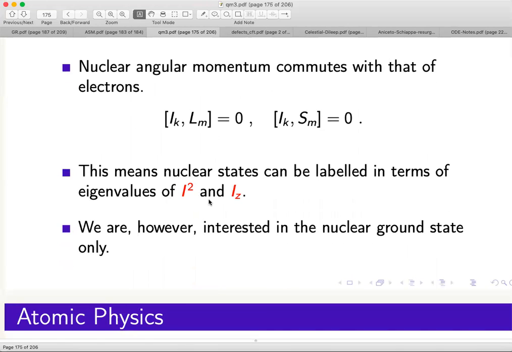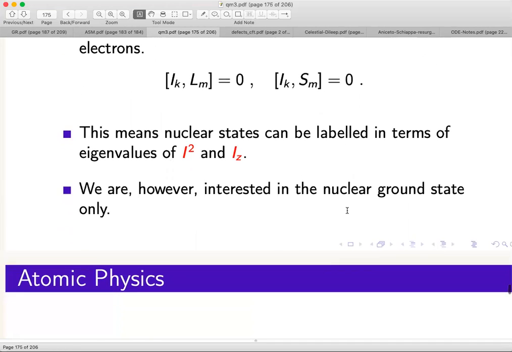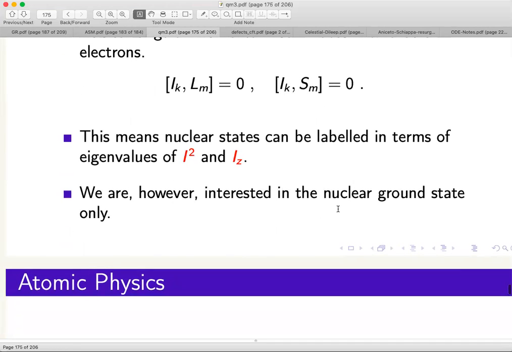So one could classify the spectrum of the nuclear Hamiltonian, but that is not our concern because the energies involved in nuclear physics are much higher than the energies involved in atomic physics, and therefore we would really be interested in the nuclear ground state.